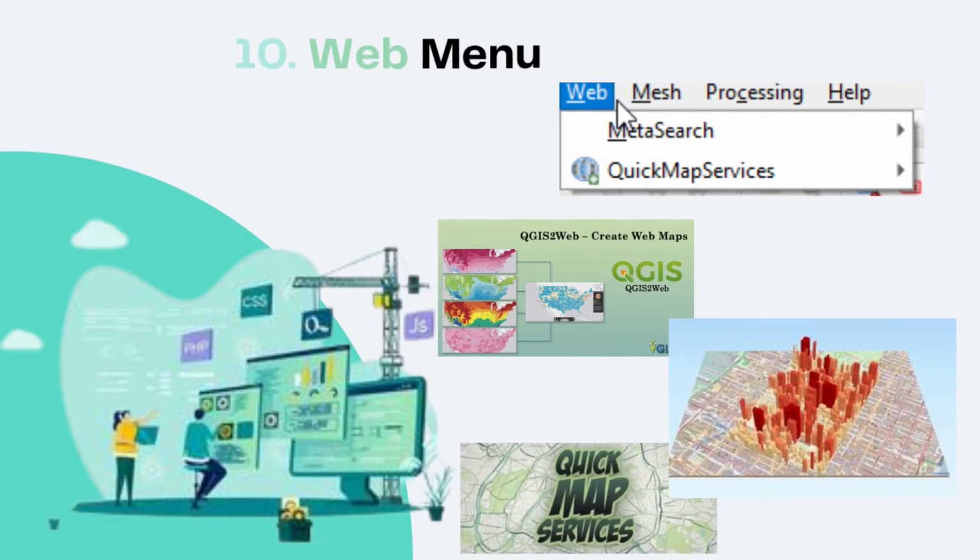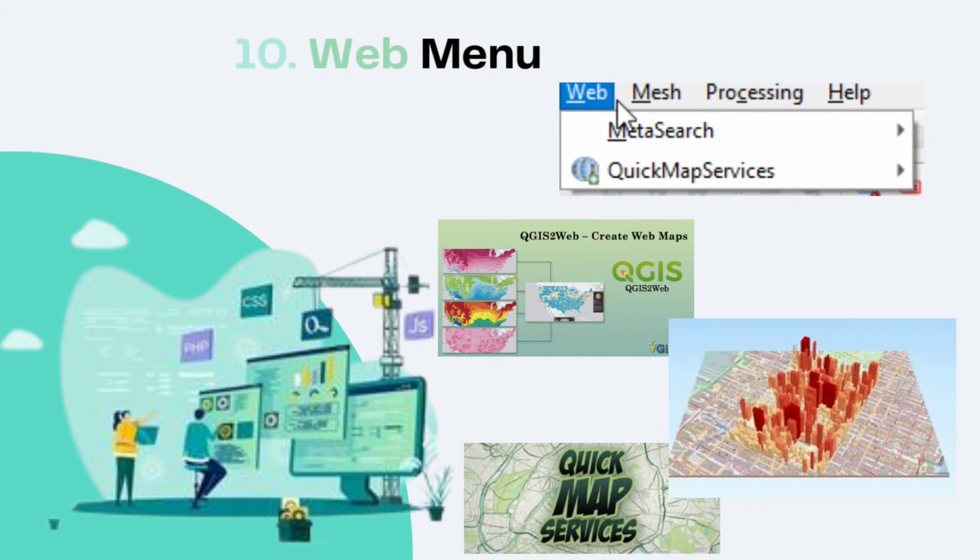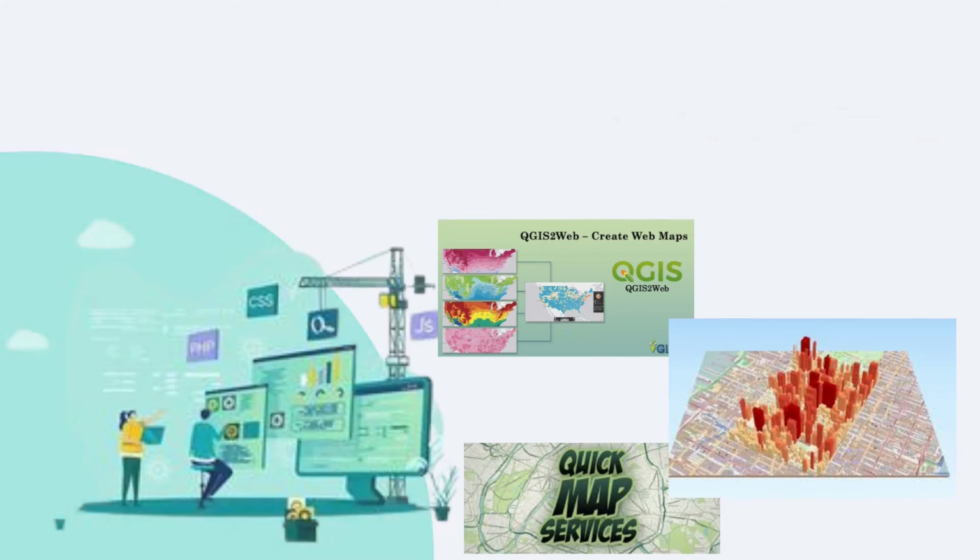The next submenu we'll be looking at is the web menu, which allows us to use web-based plugins like quick map services, QGIS2threejs, qgis2web, and other plugins that we don't have at the moment, but we'll be installing and using in later videos.